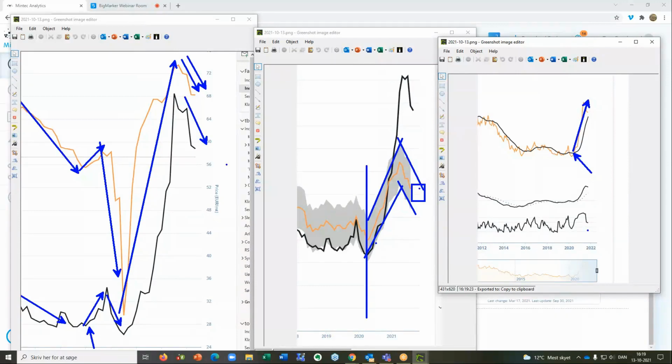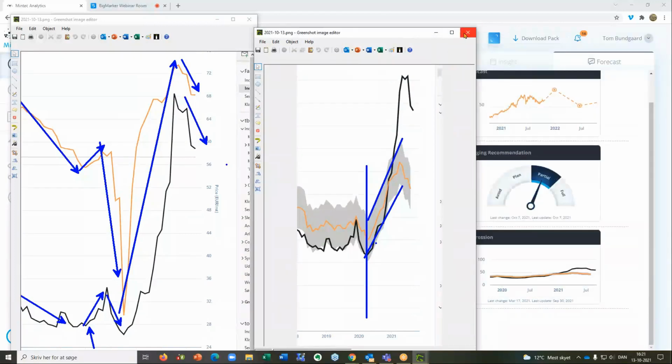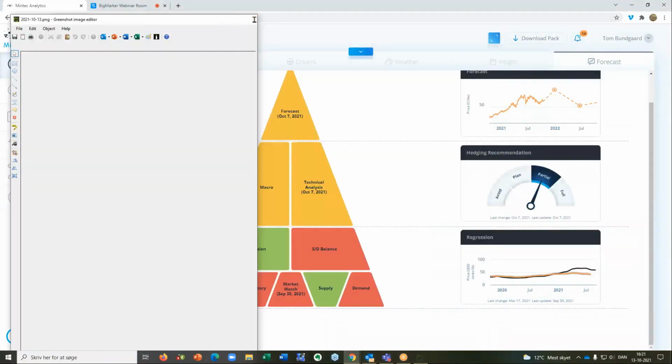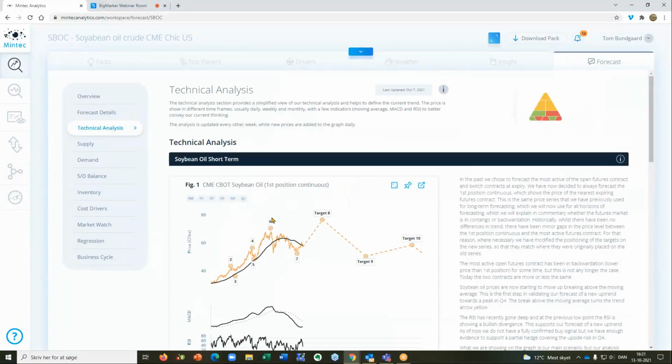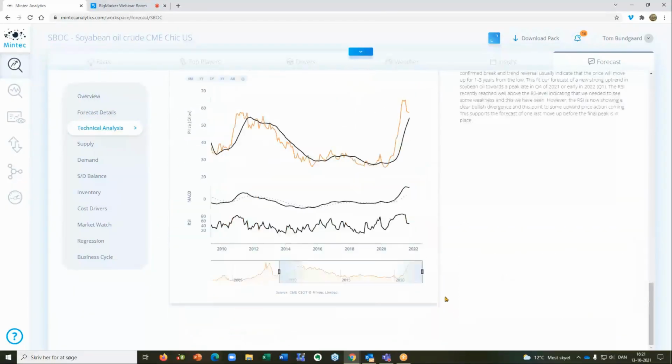Not straight away, but in due time. So that gives a downward pressure. And the final thing is that the technical analysis is showing that we're hitting a peak. And I'll show you how that works. From a technical perspective, let me show you that.